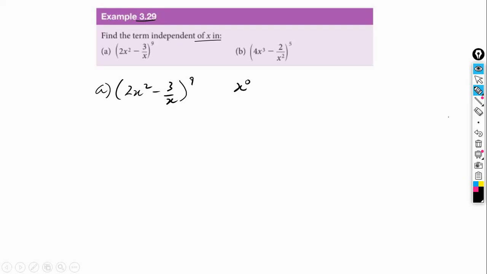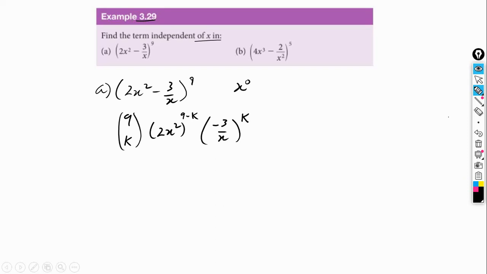So let's remember that the general rule for this case, we can just write it as 9 choose k, and then this times 2x squared to the power of 9 minus k, and this times minus 3 over x to the power of k. Okay, so what do we do next?